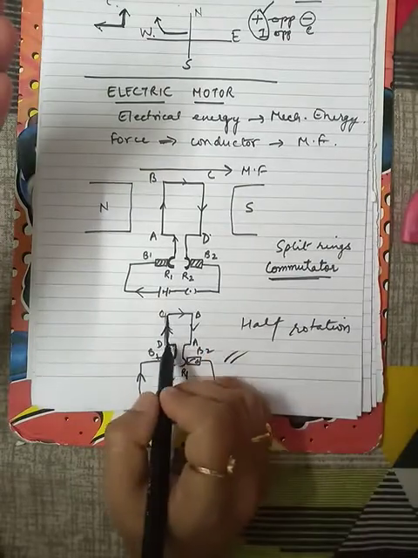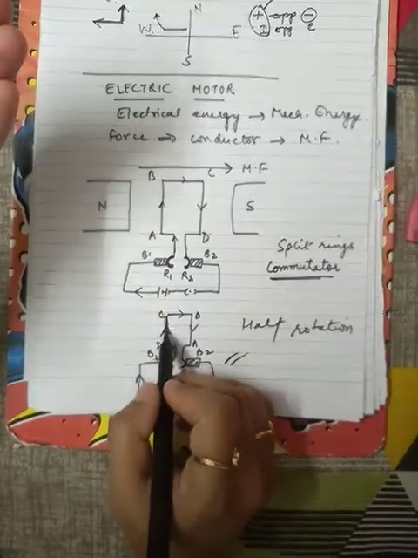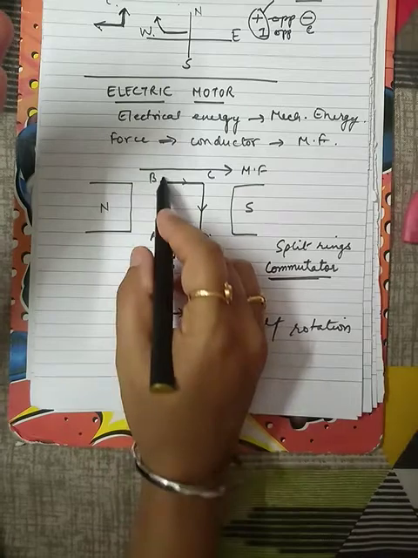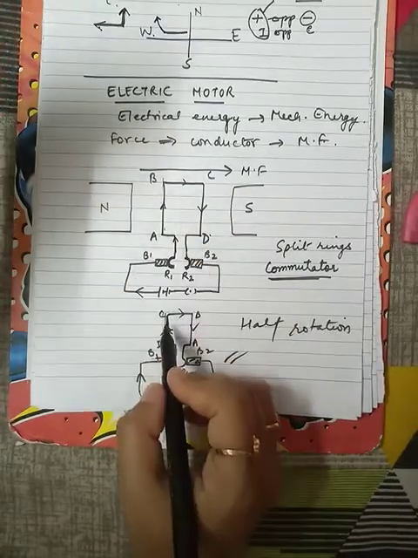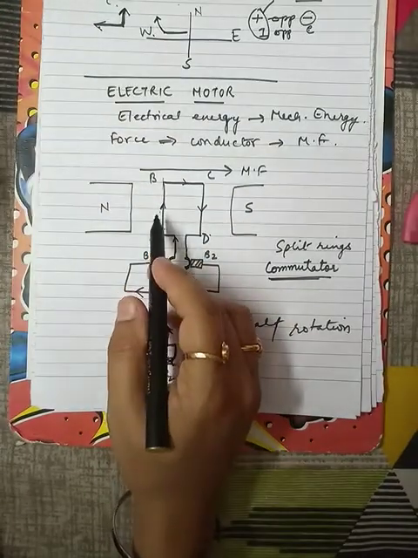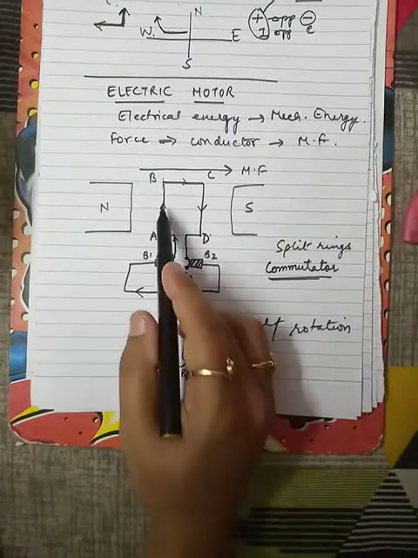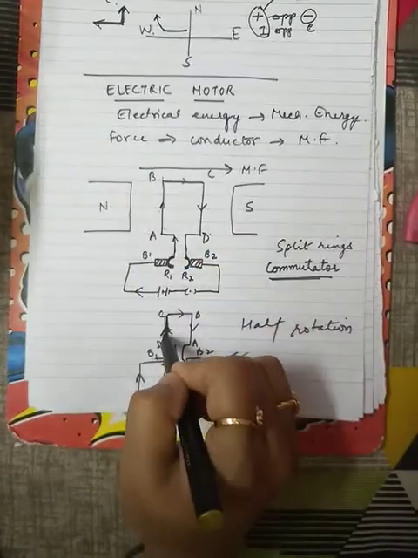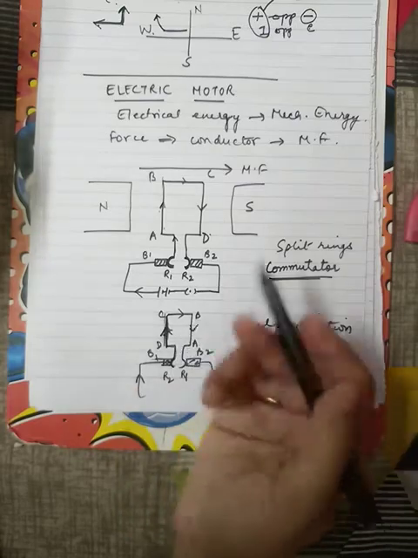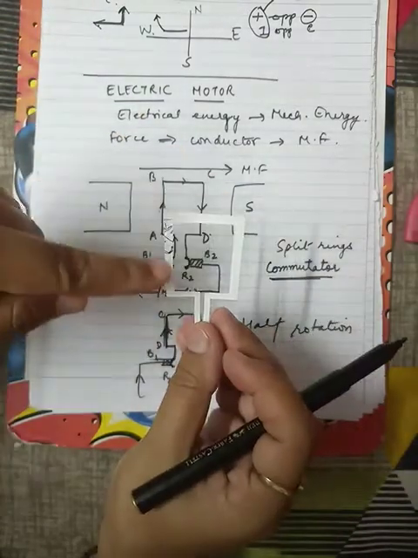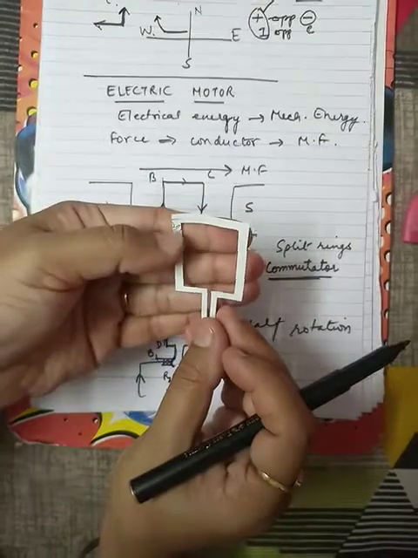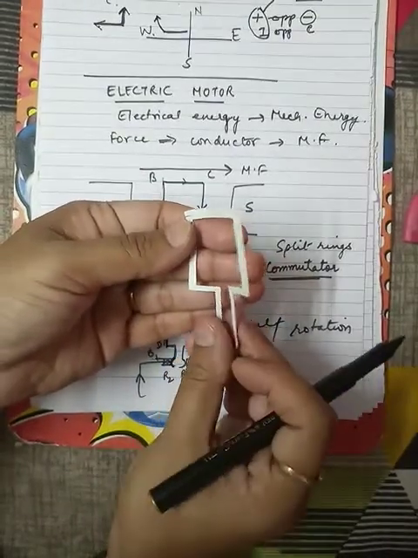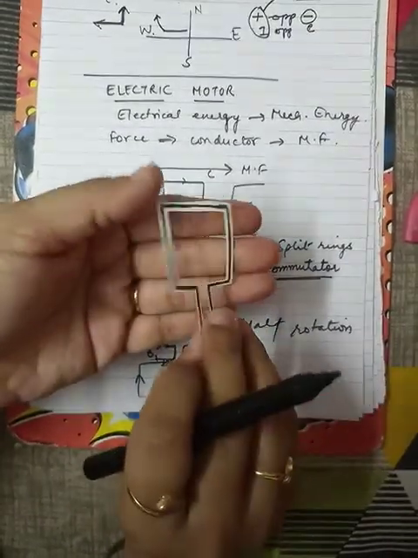Okay, so what will happen to the force over here? In this case also, the current direction is like AB, similar to the previous one. So AB was moving downward, so in this case CD is moving downward, and this will move upward again. So CD will move downward and AB will move upward like this.